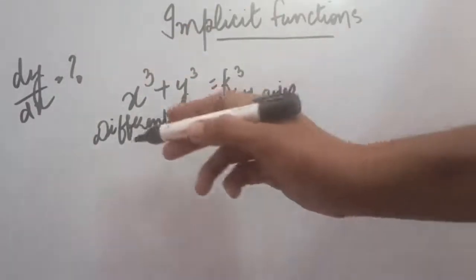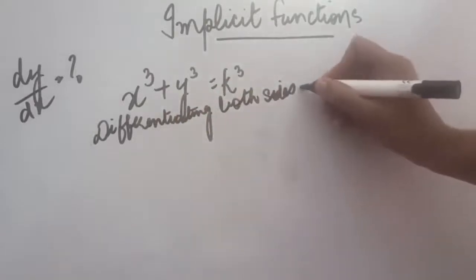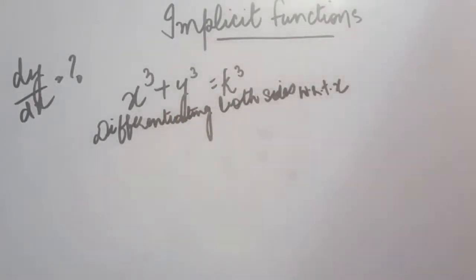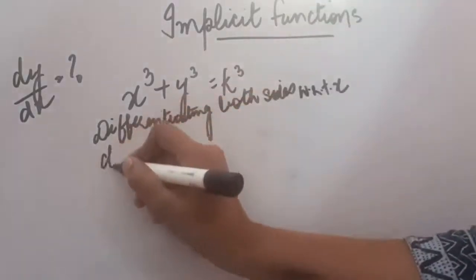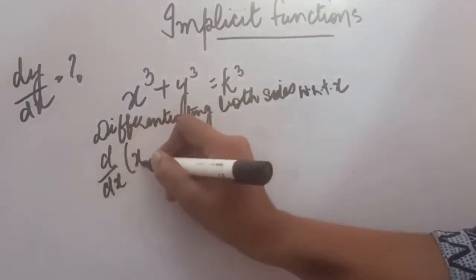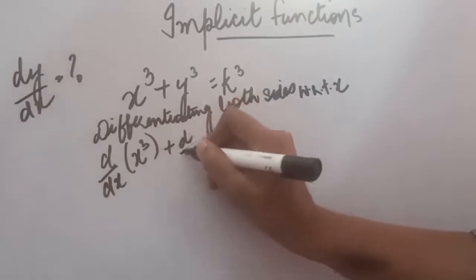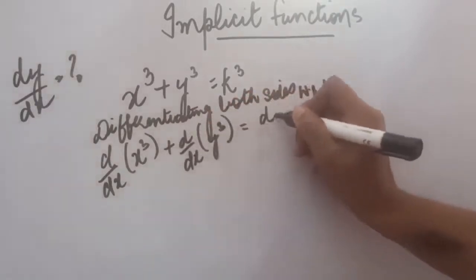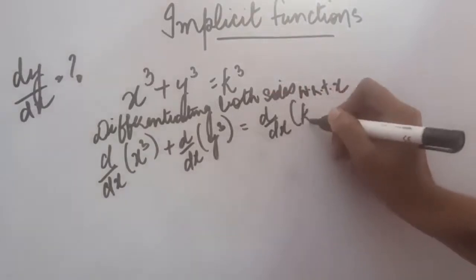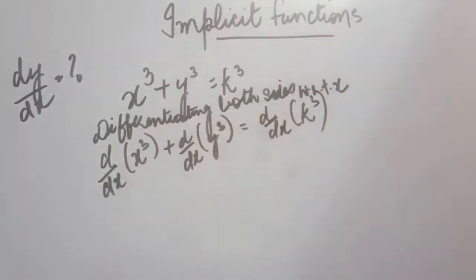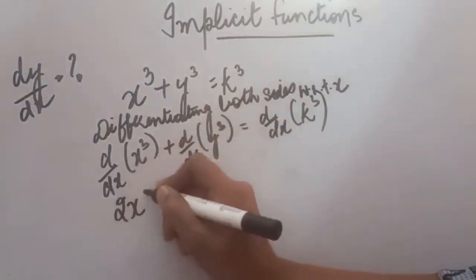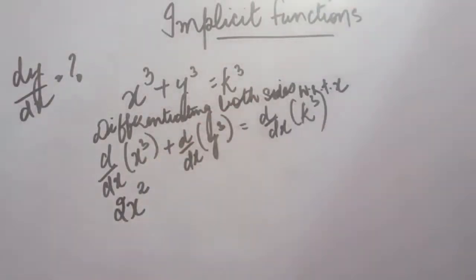When we take the differentiation, we are differentiating with respect to x. So we take differentiation of x cube plus differentiation of y cube is equal to differentiation of k cube. The differentiation of x cube is 3x square.